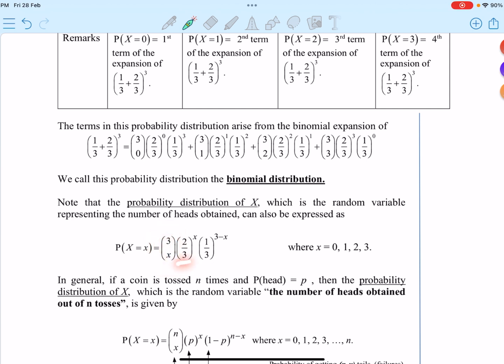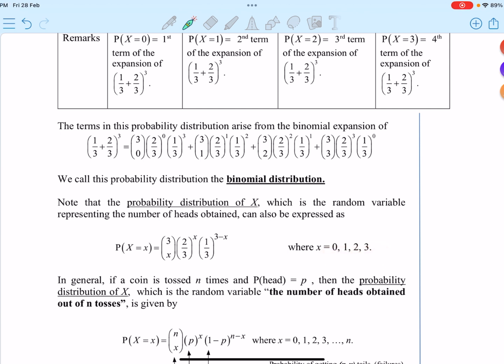Your 2/3 represents the probability of getting x hits, and your 1/3 represents the probability of getting 3 minus x. In this scenario, your x can take 4 values: 0, 1, 2, and 3.